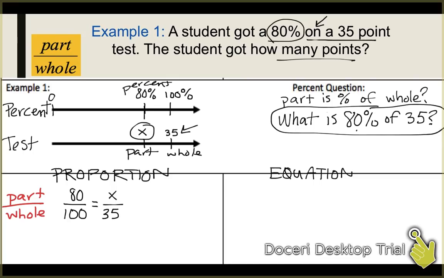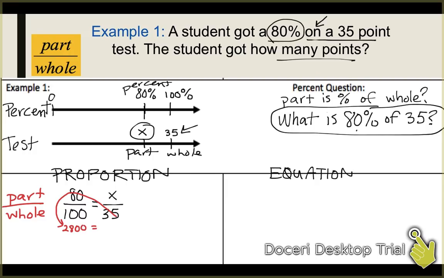Okay? And this is where we need to remember how to solve proportions. We're going to use the butterfly method. So we are going to do 80 times 35. And if I put that in the calculator, I get 2,800.